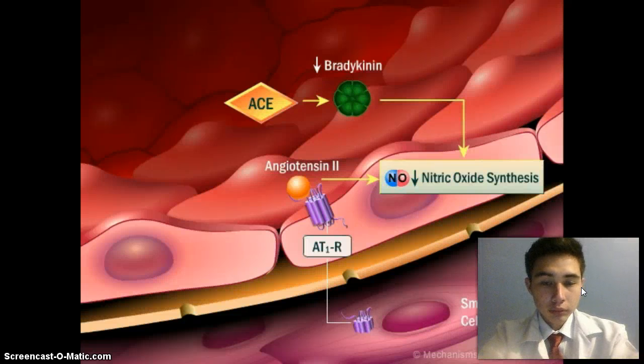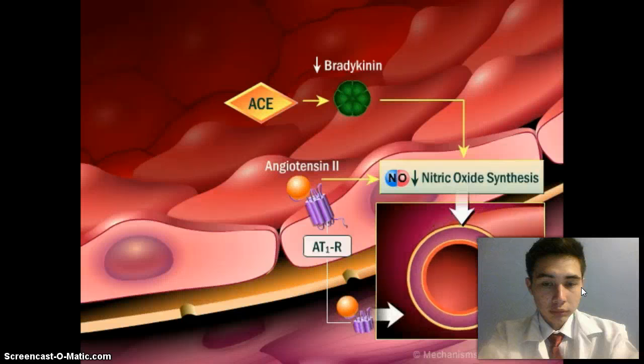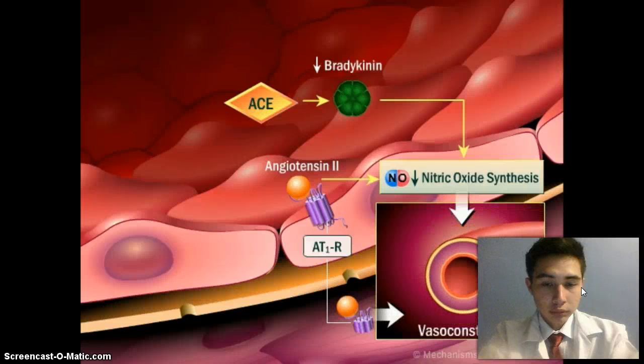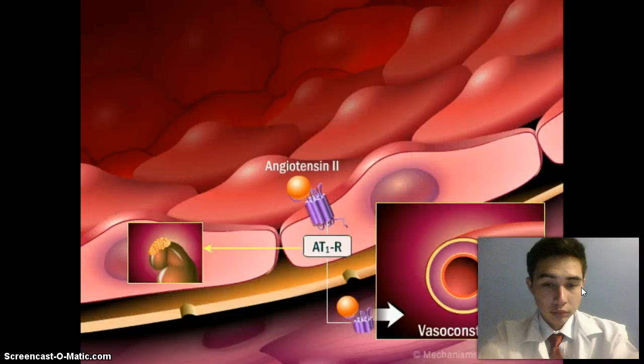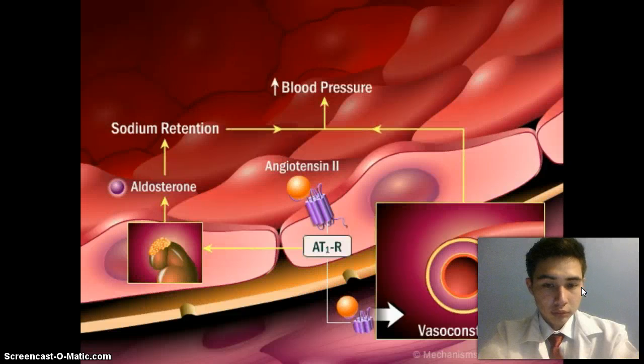Reduced bioavailability of nitric oxide combined with the stimulation of AT1 receptors on smooth muscle cells causes vasoconstriction. In addition to a vasoconstriction effect, stimulation of the AT1 receptor causes the adrenal glands to release the hormone aldosterone, resulting in sodium retention. Combined with vasoconstriction, this increases blood pressure.